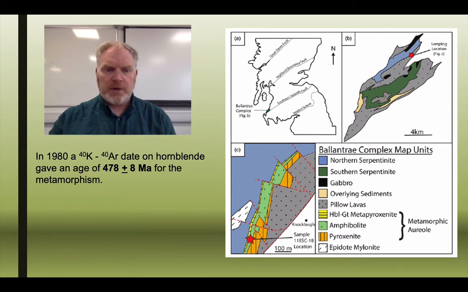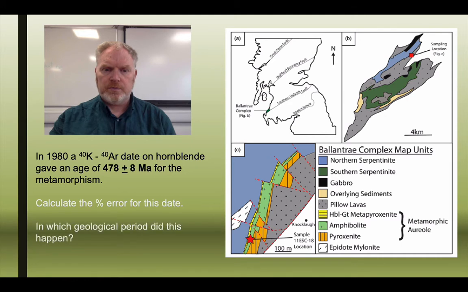What I'd like you to think about, firstly, is to calculate the percentage error for that date. What percentage uncertainty is there for that date? Secondly, what geological period did this happen in?